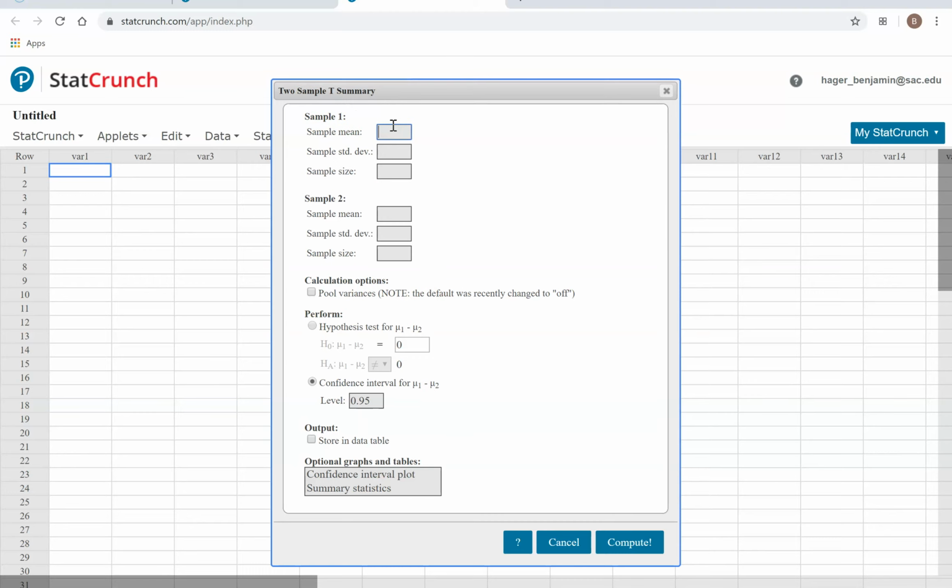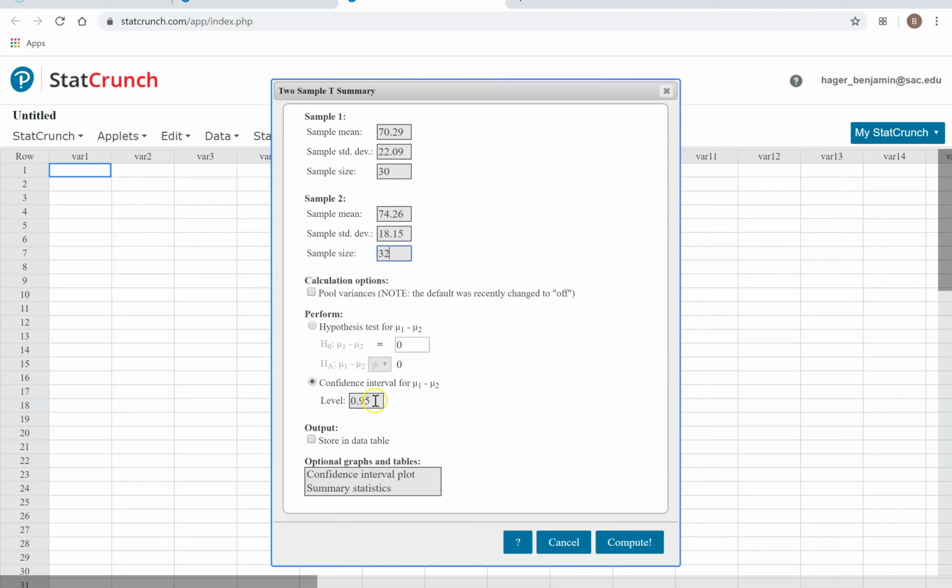So plugging in that information, for the proctored group, my sample size was 30, my sample mean was 70.29, and my standard deviation was 22.09. And for the non-proctored group, we had a sample mean of 74.26, a sample standard deviation of 18.15, and the sample size was 32.